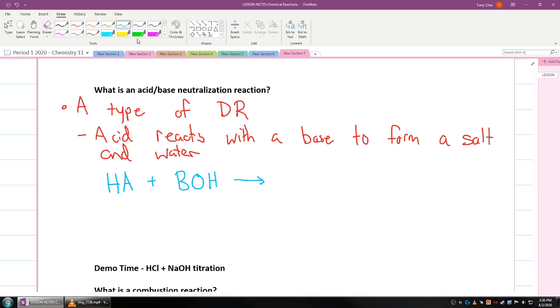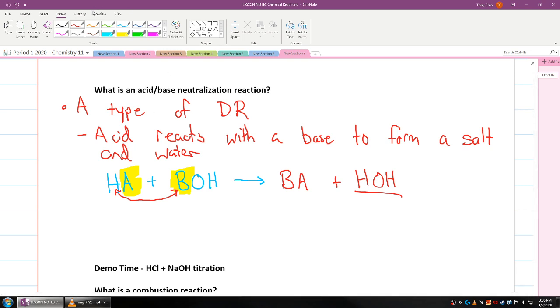Now, the salt is usually made up of the nonmetal of the acid and the metal of the base. So that's why you're going to have B and A. And the other thing is, because it's a double replacement, because these two swapped, you're going to have HOH, which is your water. So that's a type of acid-base neutralization that you can have.